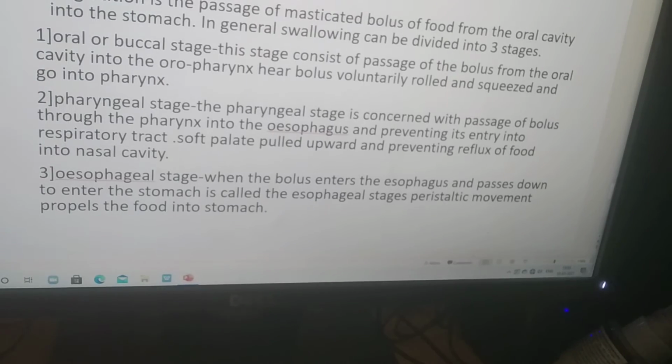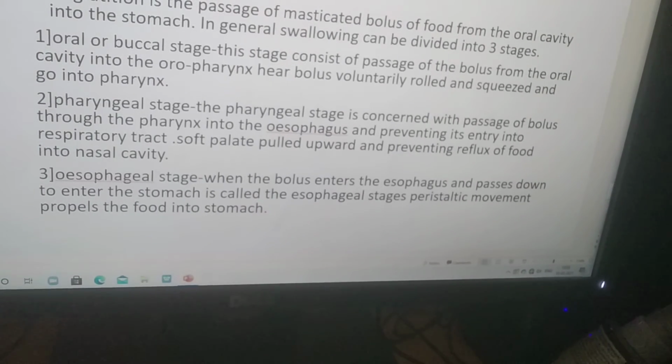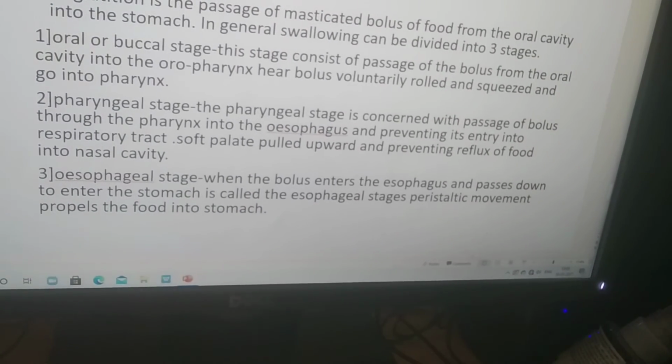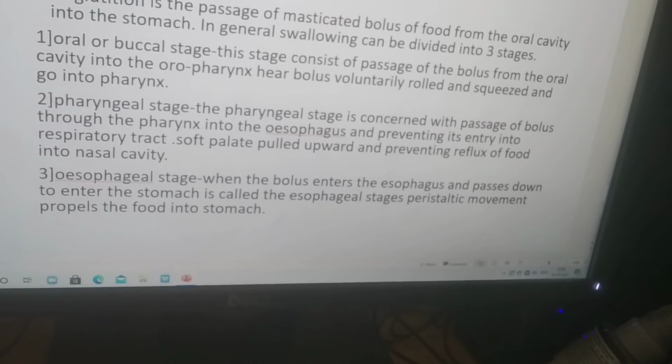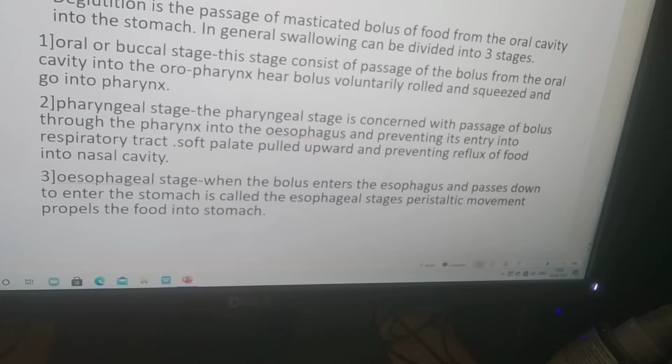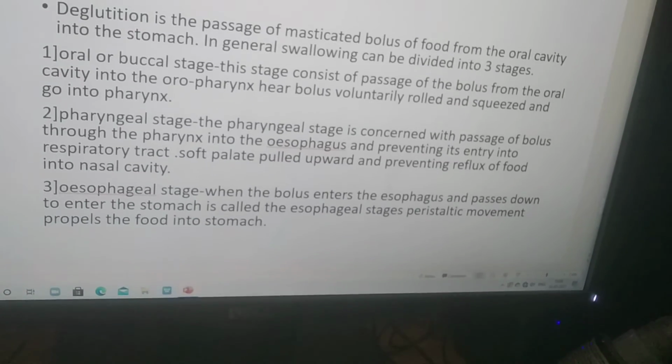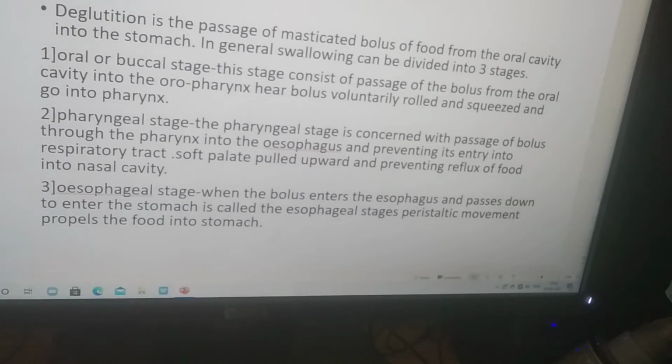Then esophageal stage: when the bolus enters the esophagus and passes down to enter the stomach, it is called the esophageal stage. Peristaltic movement propels the food into stomach.